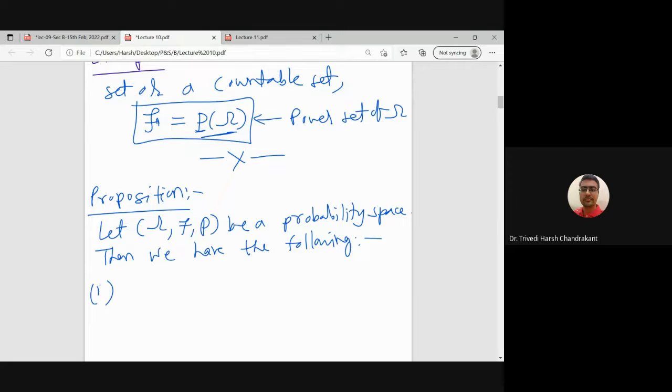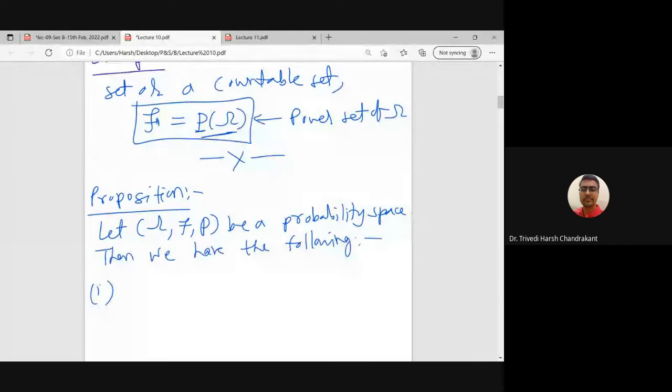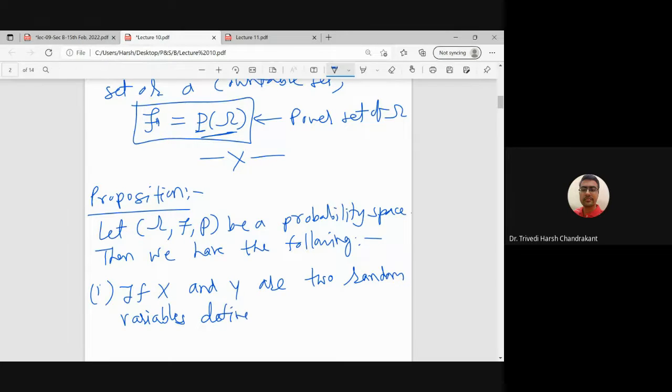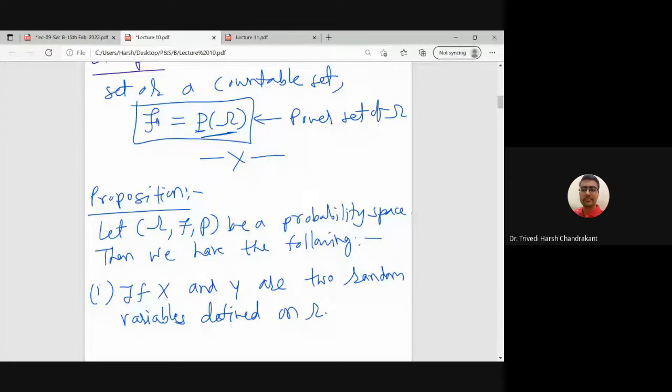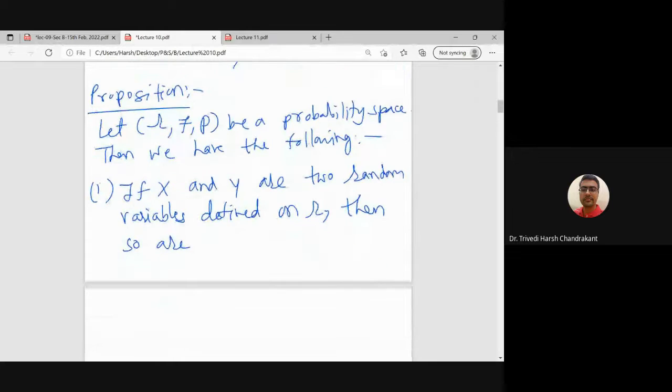So we know that if you have two functions, we can add those functions. If you have two functions, we can multiply those functions. If you have two functions, we can divide those functions. So the natural property we will get here is, if you have two random variables, so if x and y are two random variables defined on omega, then the following are also random variables.